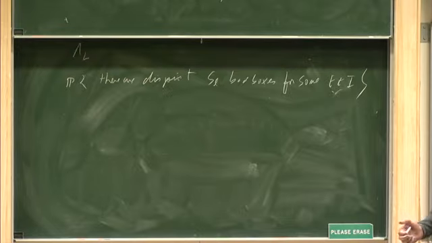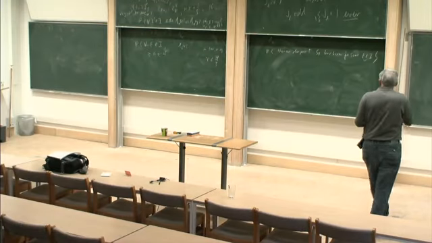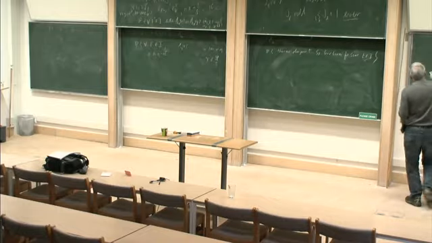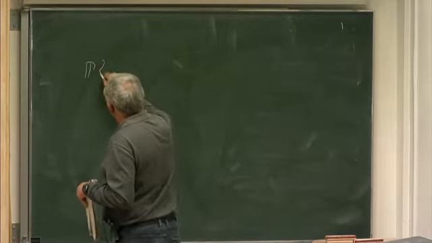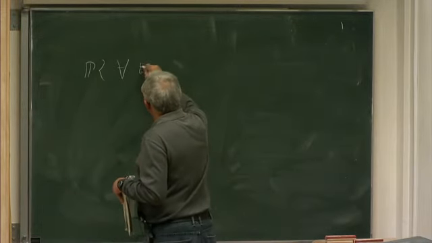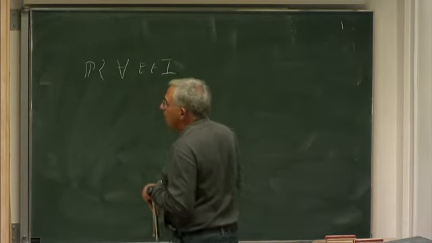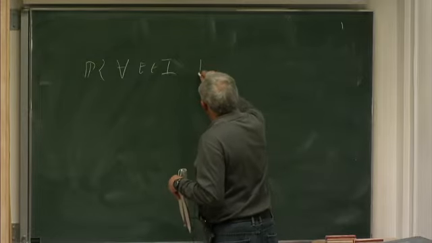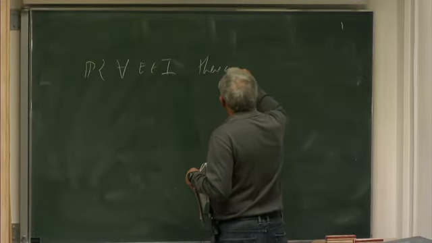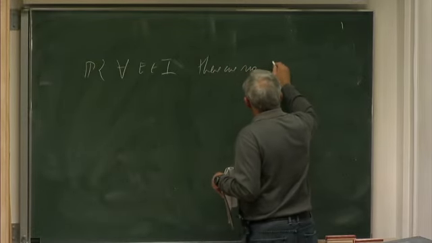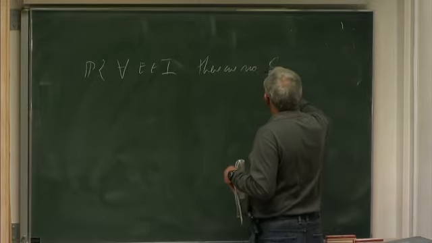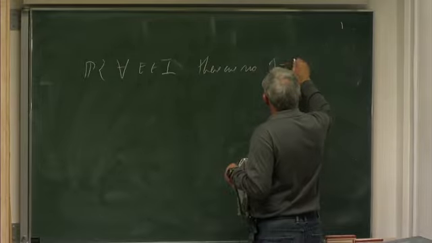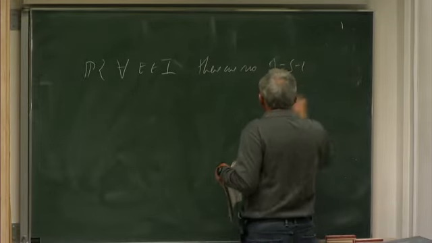What I want to estimate is the probability that for every energy in the interval, there are no J, which is S minus 1, right?